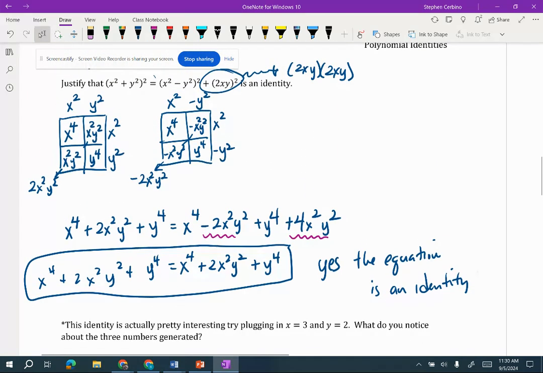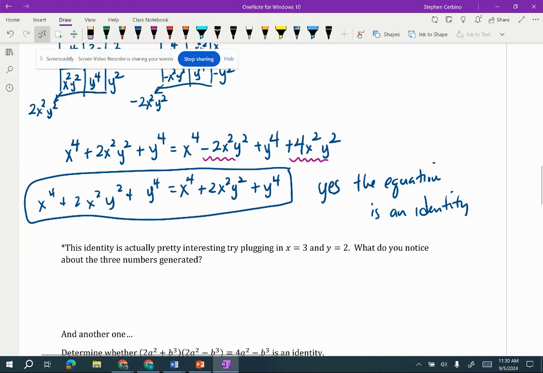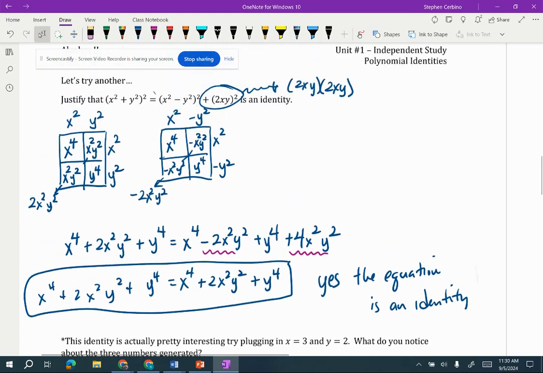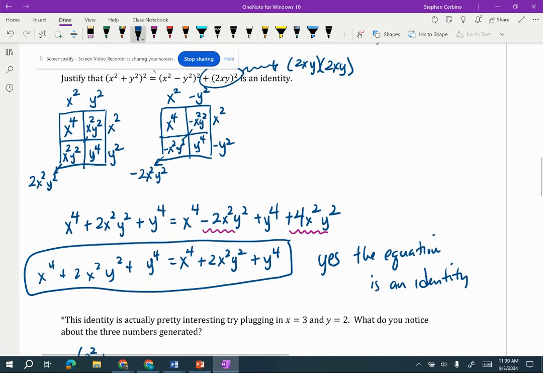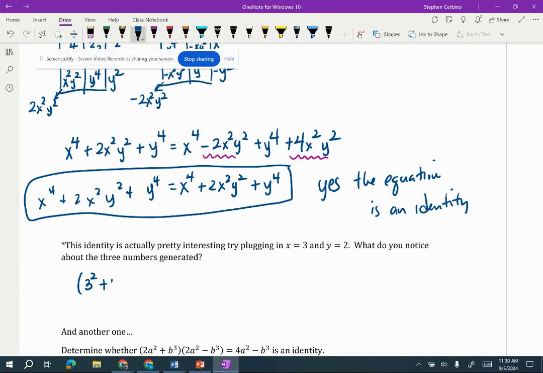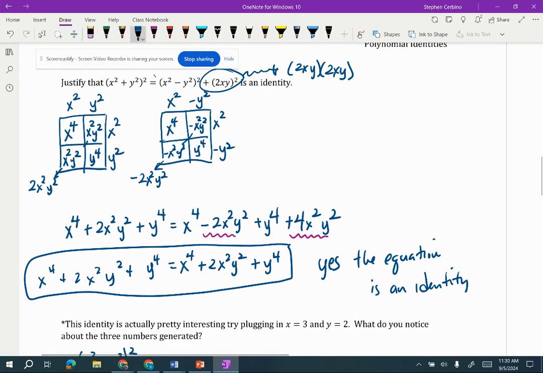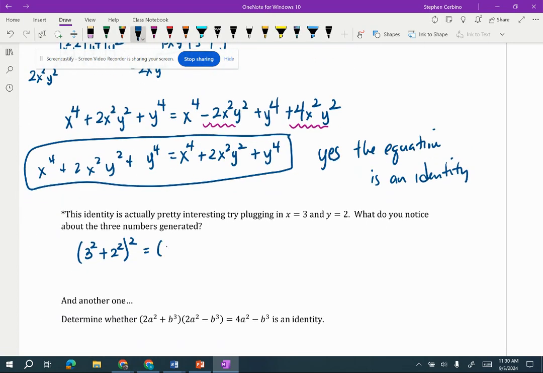All right, so if you tried this, you probably noticed something happened here. So when we plug in our x, we would have 3 squared, plus if we plug in our y, we would get 2 squared. And on the other side, we would get 3 squared minus 2 squared.